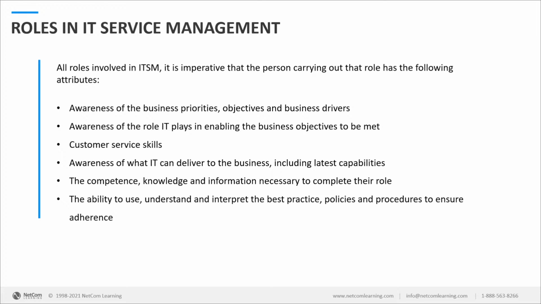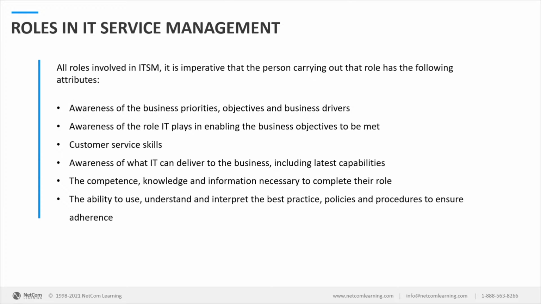So, what roles are normally involved in this, or what do we expect from people who are involved in the IT service management roles? We expect them to be now more aware of the business priorities.